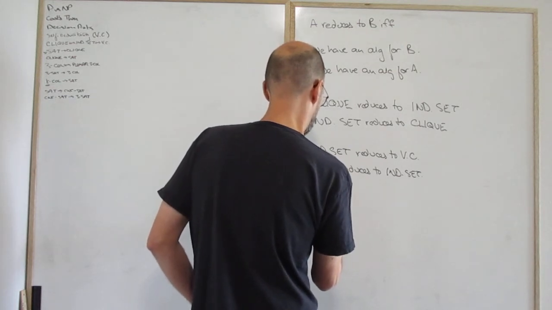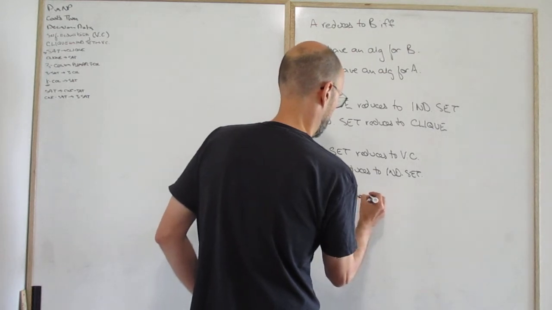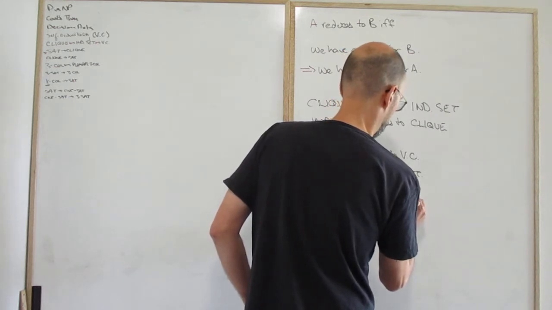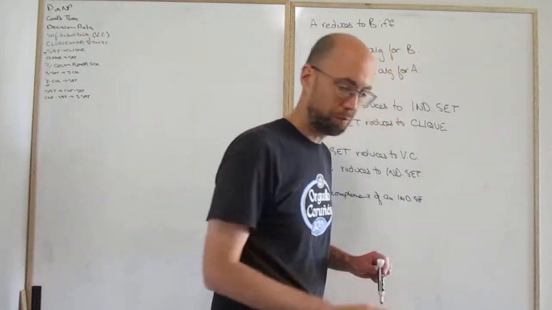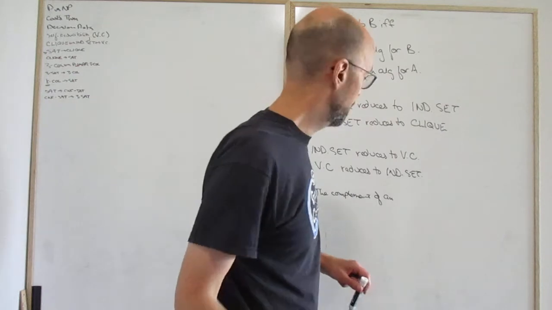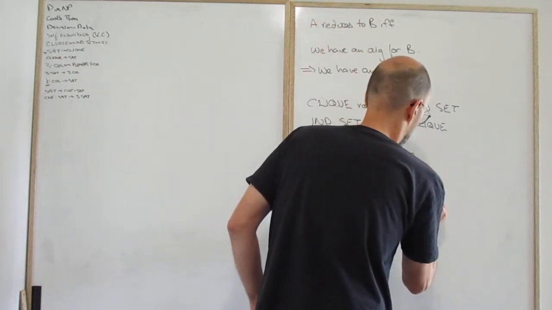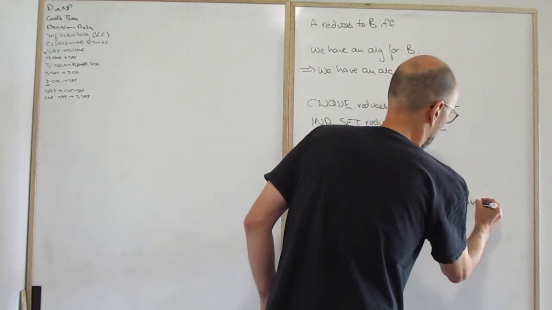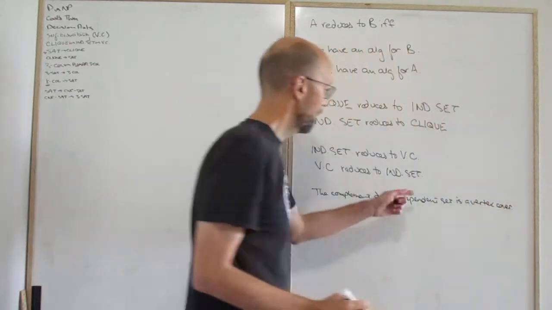This actually shouldn't be capitalized because it's not an independent set. Is a vertex cover. Right? Why is this true?